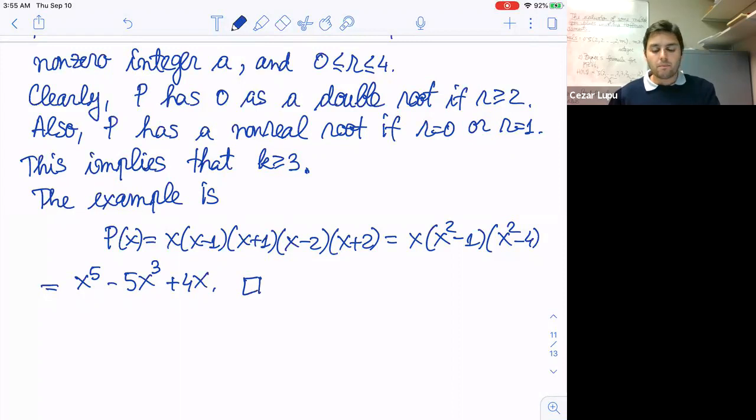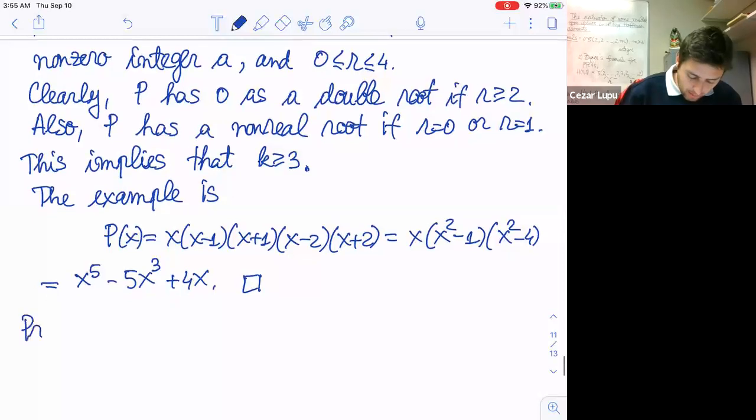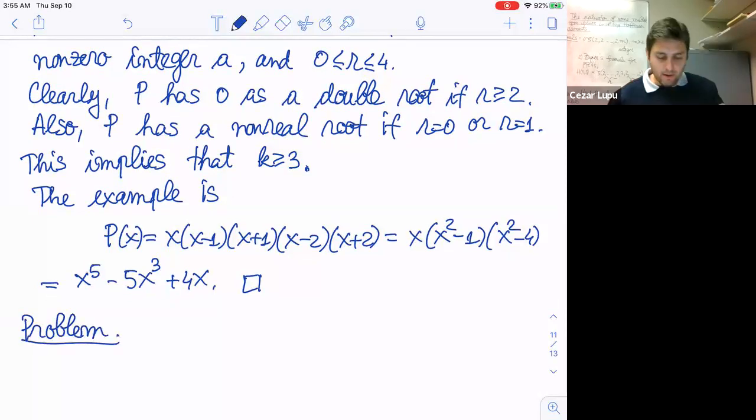Okay, now there was another problem that I had in mind to do. Let's see. For example, there was another Putnam problem.